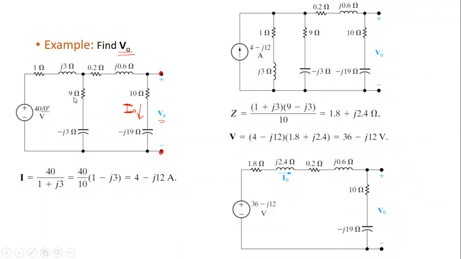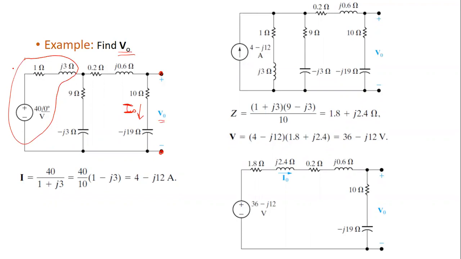So as you see, I have 2 currents, so I need to use either nodal analysis to find the voltage here, or I can use mesh currents or whatever else. But in order to understand today's topic, we will use voltage source transformation.